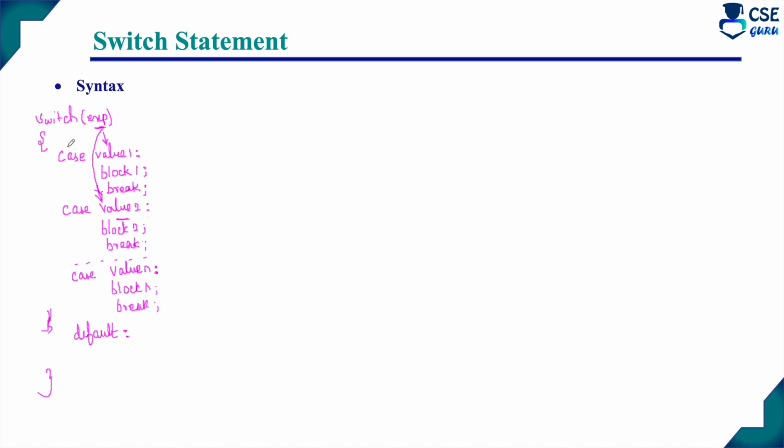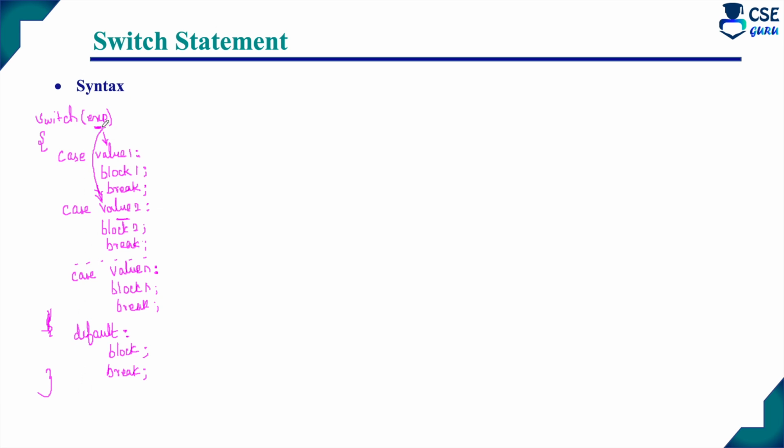If any of the case statements fails, automatically it will go to the default block, and here a set of statements will be specified. That set of statements will execute. It may be a single statement or multiple statements. After execution, it will break here also. Control goes out of the switch statement. So here, this is the syntax for the switch statement.